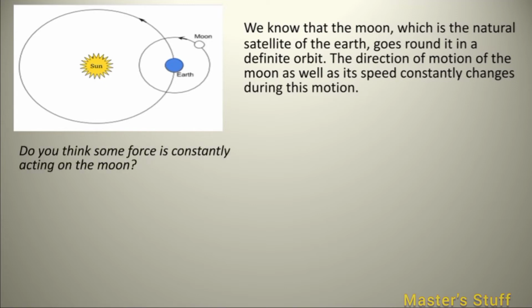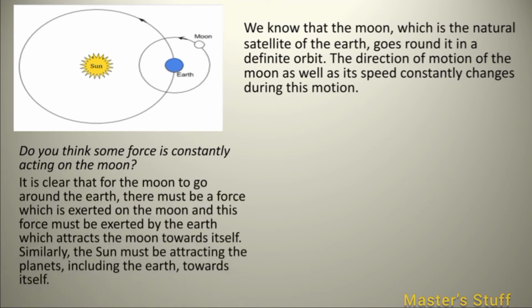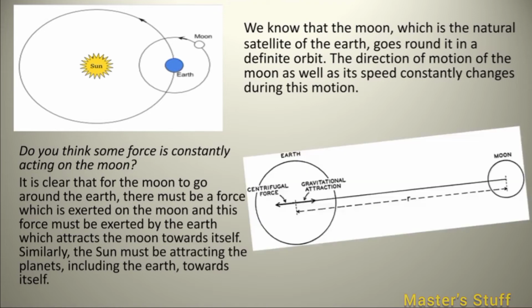So, do you think there is some force constantly acting on the moon? Well, it is clear that for the moon to go around the earth, there must be a force exerted on the moon, and this force must be exerted by the earth, which attracts the moon towards itself.